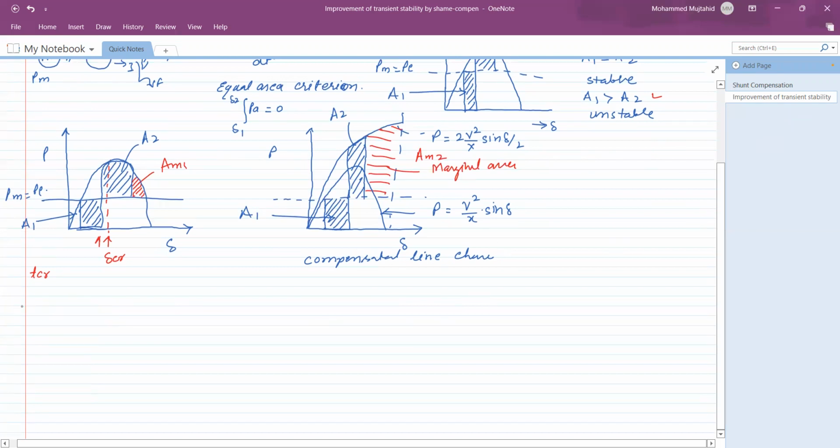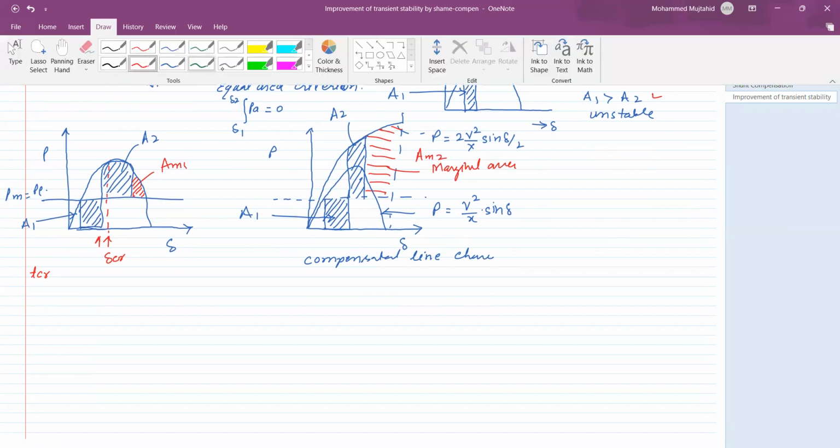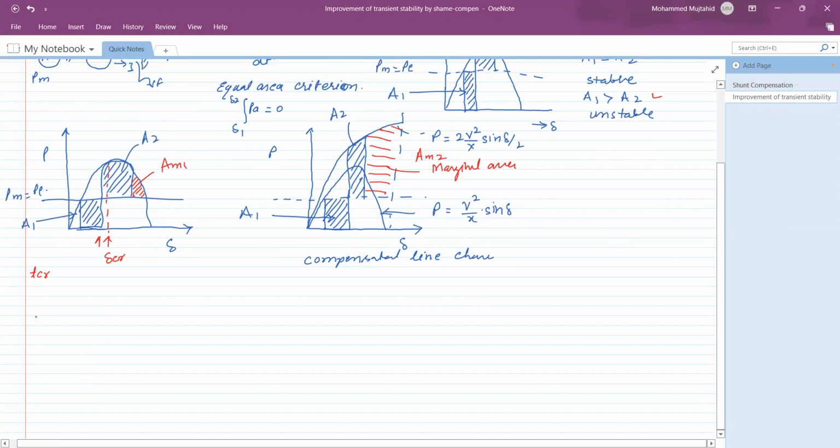Now the next point is controllable VAR generation. It means that whenever we are using shunt compensation, it should be controlled.